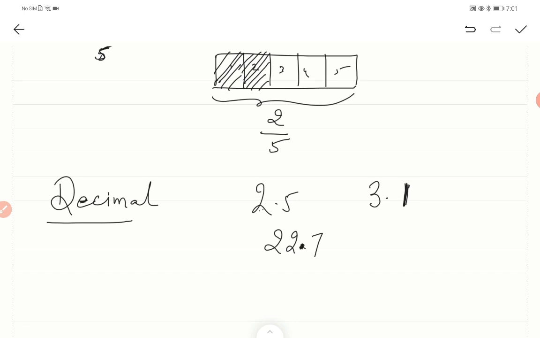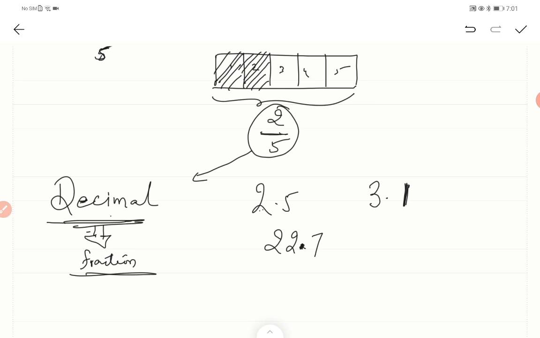So you have a point, you call this a decimal. Actually this decimal is another form of representation of a fraction. We can represent a fraction in terms of decimal. So a decimal number is nothing but another form of representation of a fraction. Alright, we will discuss this in the next video, inshallah.